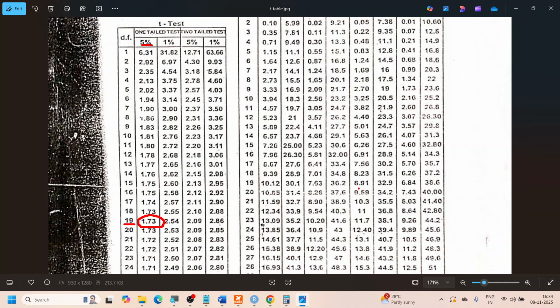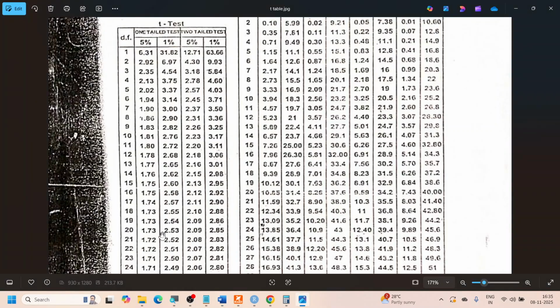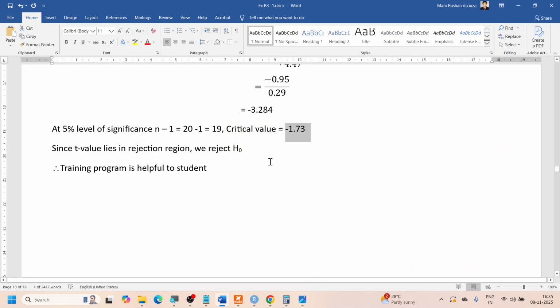And you notice that we are talking about the left-hand tail here. So we put the value as minus 1.73, even though we got 1.73 here, because it is a left tail. So what you notice is that the t value here is lying in the rejection region.